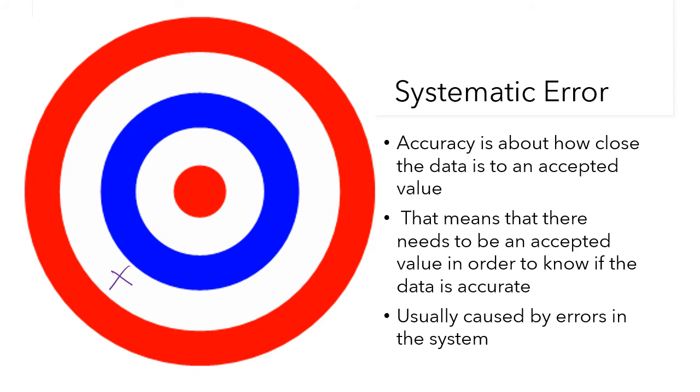But if our target was actually up here, this little green box, well, then we have even more systematic error. So systematic error, again, is about how close you are to that target. We can have high precision, very clustered data, and very low accuracy because they're nowhere near that target.